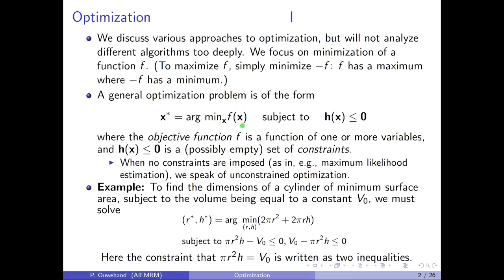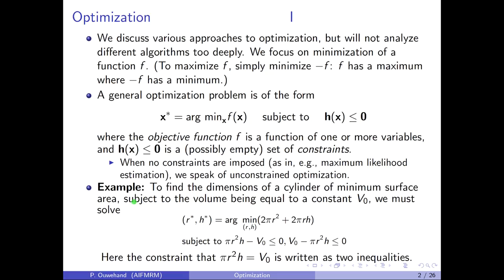In other words, x is a multidimensional vector, could be one-dimensional. And the inequality h(x) less than or equal to 0 is a set of constraints which might be empty. When there are no constraints, for example in maximum likelihood estimation that we will do later, we speak of unconstrained optimization.